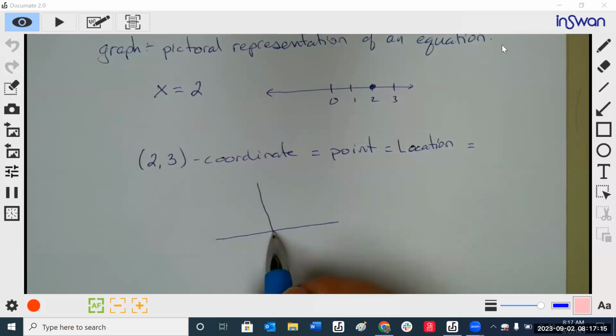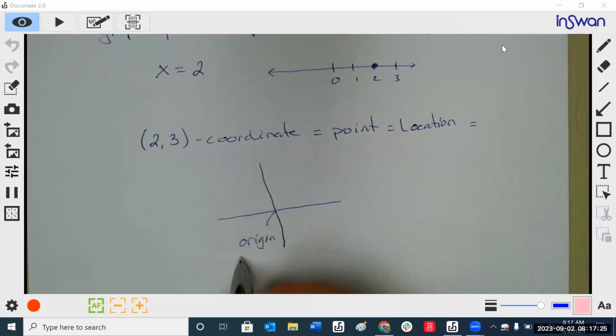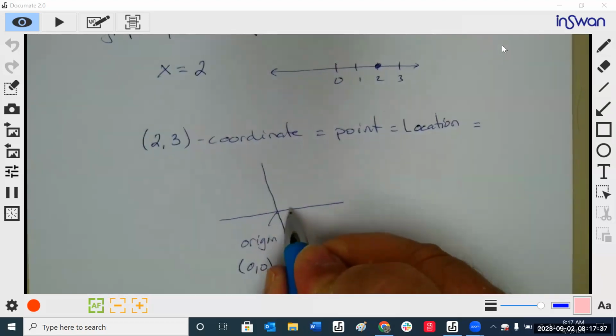Yeah, start from this middle part, which is called the origin. That's called the origin. What is the origin's location? What is it? 0, 0. Because it has to be, since we have 2 lines, we have to have a coordinate of 2 points. So we go from there, we go to the right.